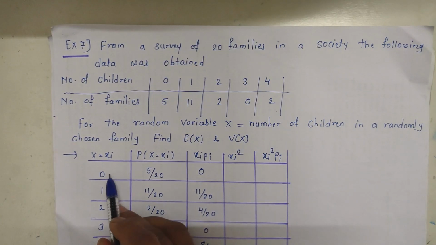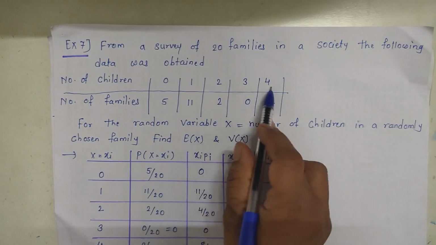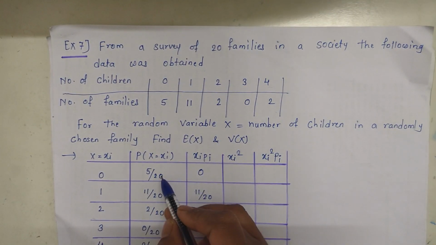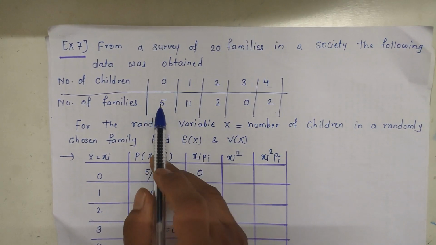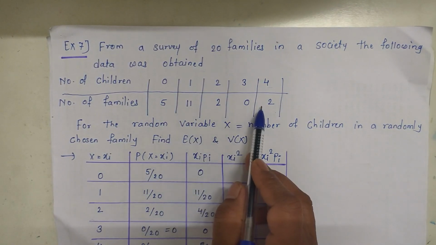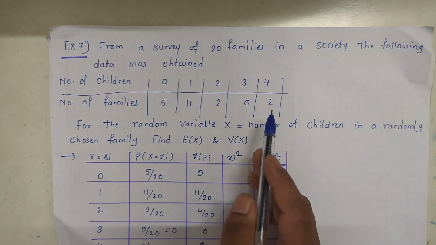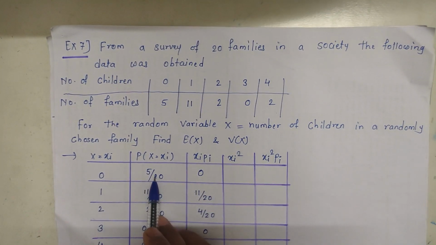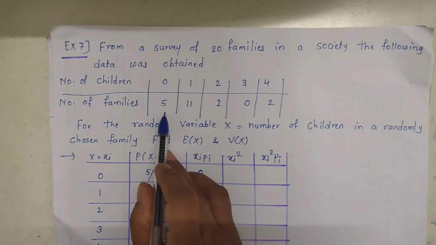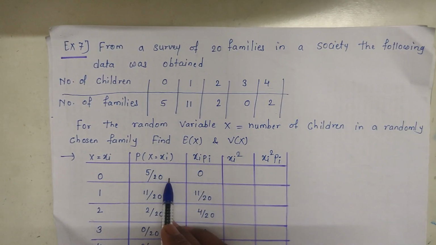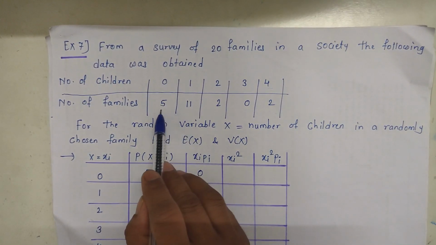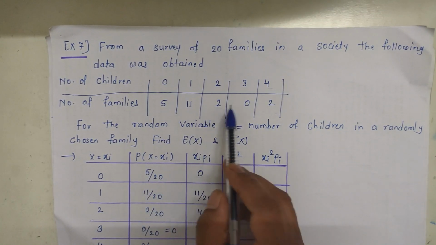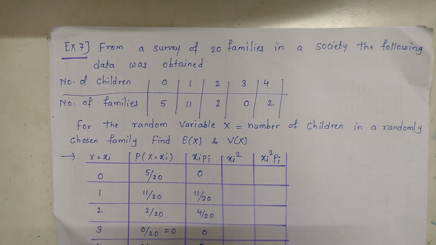So write here values of xi 0, 1, 2, 3, 4, that is the number of children, and their corresponding probabilities, that is the number of families out of the total number of families. So probability for x equal to 0 is the number of families upon the total number of families. Here total number of families is 5 plus 11, 16 plus 2, 18 plus 2, 20.